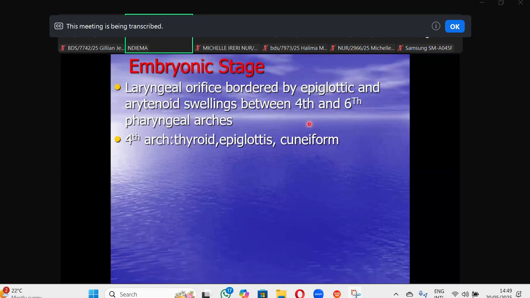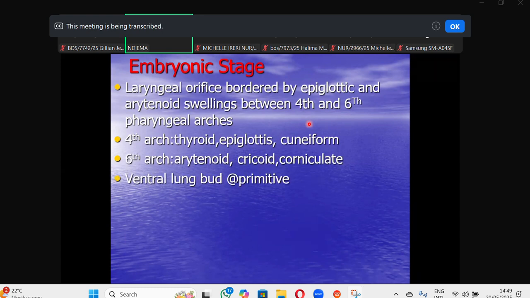And this evagination of the endoderm eventually forms a ventral lung bud, or what you call laryngotracheal bud.